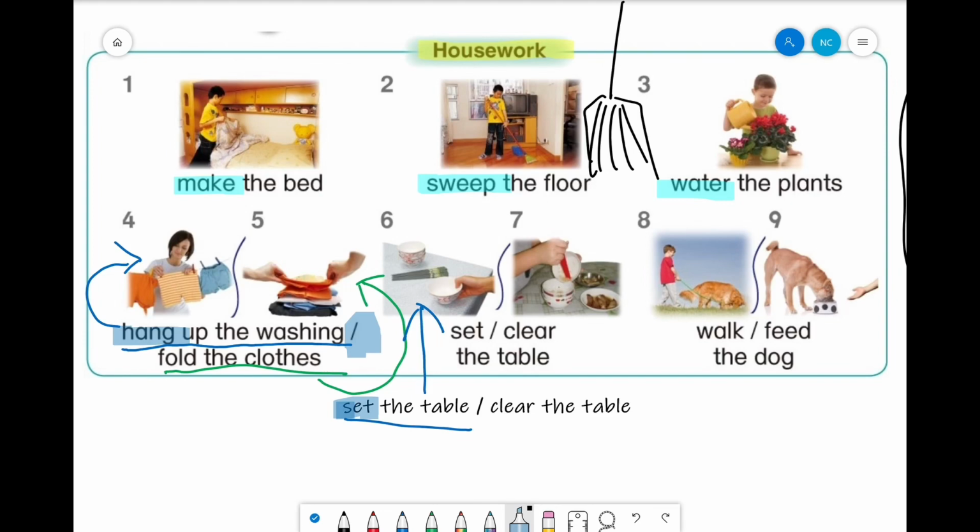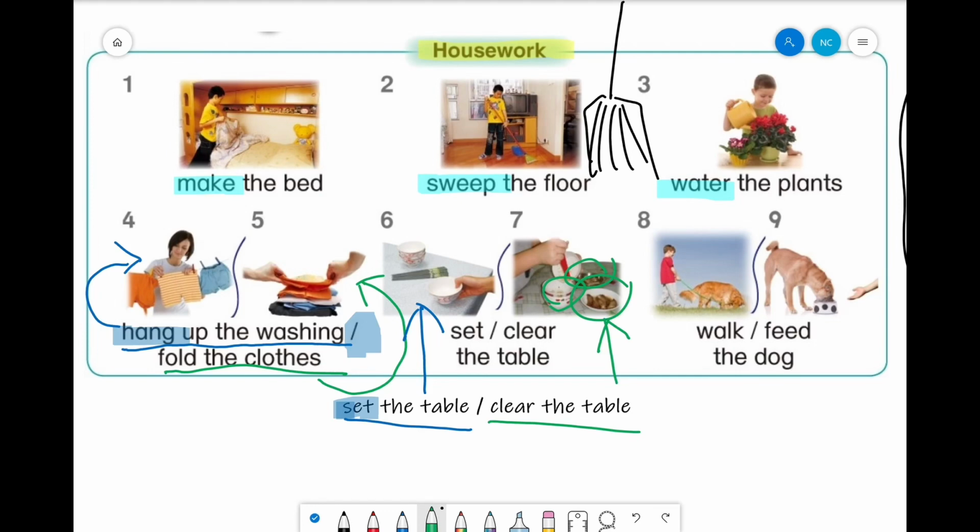And the next part is clear the table. And this is the picture showing it. You can see a lot of dirty bowls and used plates here. To clear the table means to put these dirty things that we finished using away. So the table is clear, nothing on the desk. Just like what we do in the lesson. Nothing on the table after dinner.